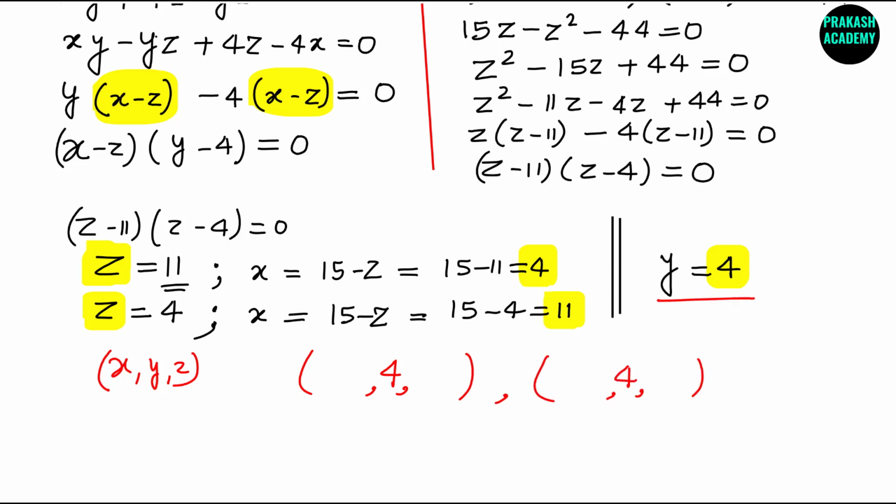When y = 4, x = 4 and z = 11, that is one solution. Another solution, when y = 4, x = 11 and z = 4. So we have two solutions, and these two solutions are from case 1.